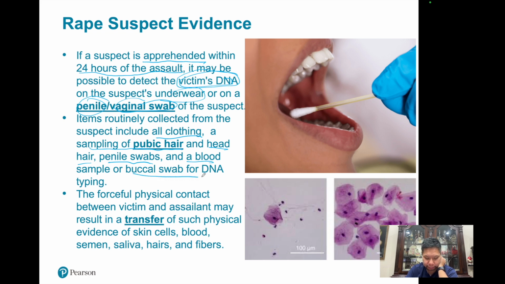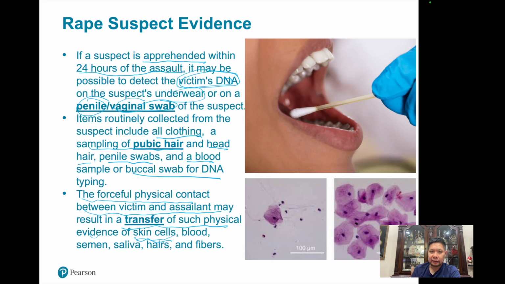Blood samples, buccal swab for DNA typing, and then the forceful physical contact between the victim and the assailant may result in the transfer of physical evidence such as skin cells. Like I said, the epithelial cells that will end up under the fingernails of the victim, or the victim's skin cells will be on the suspect through a struggle, right?